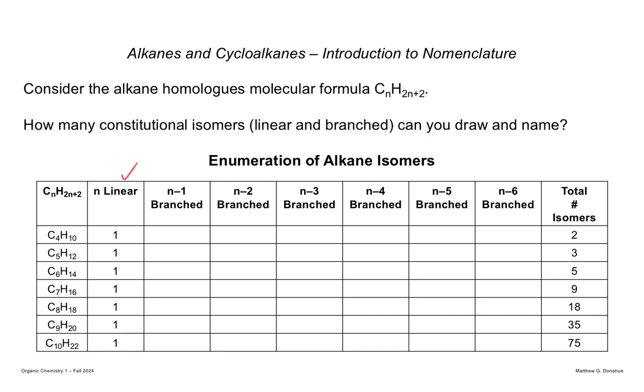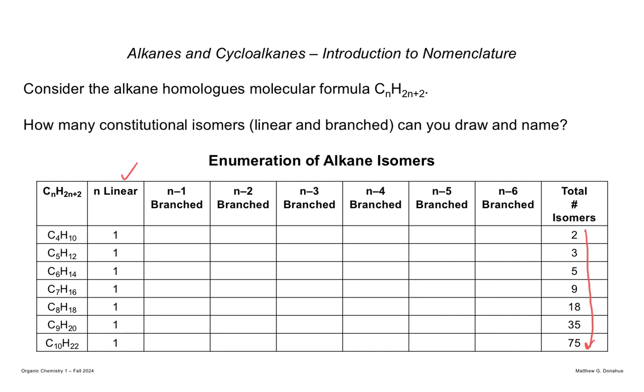And then as you go through, you get into the branched isomers where you're successively removing one carbon unit and then placing it back on that longest chain. The last column here is showing you the total number of isomers for that molecular formula. So if you add all those numbers across a row, that's what you would get.